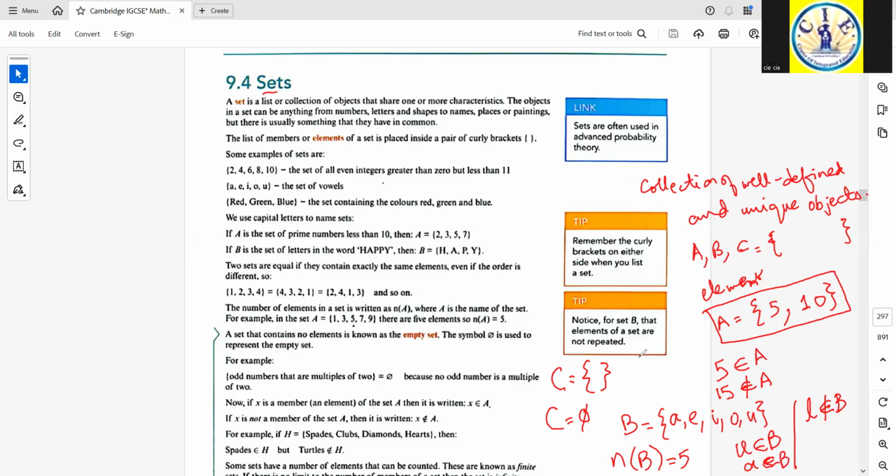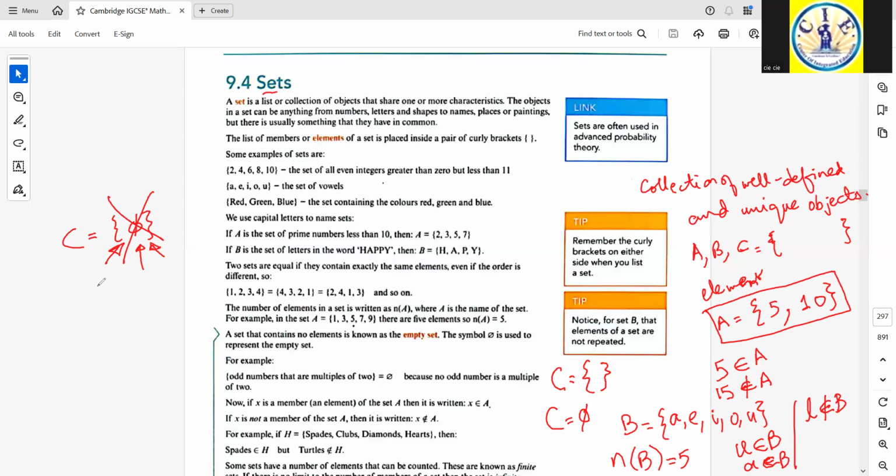Normally, there is a confusion. Some students might write C equals to this, which does not represent an empty set, because these brackets are showing that it is a set and it contains an empty set.